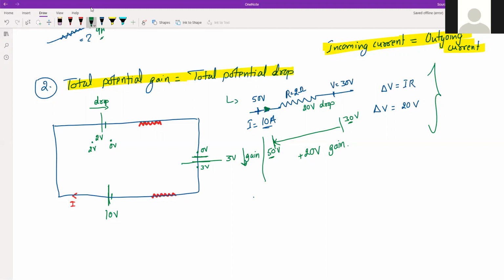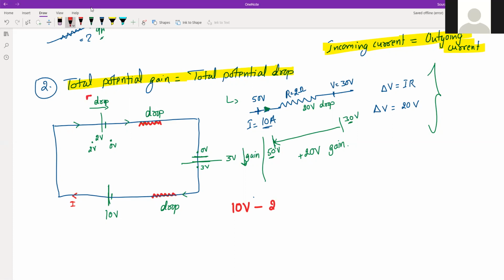If the current is still flowing in the same direction, then again here there is a drop, and again current is flowing in this direction, so here also there will be a drop. That means we started from 10 volts. There is no resistor here, but next, at this 2 volt battery, there is a drop.